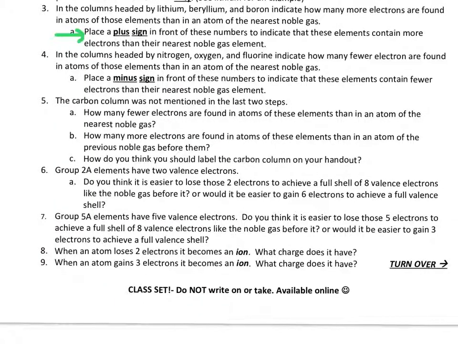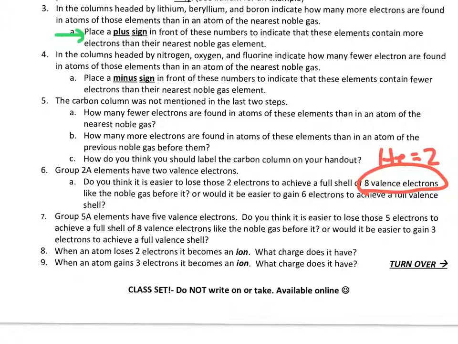As long as you have an idea, again, that metal atoms always lose their valence electrons to be like the noble gas nearest to them. So basically, remember the noble gases have 8 valence electrons, except helium, he's got 2.